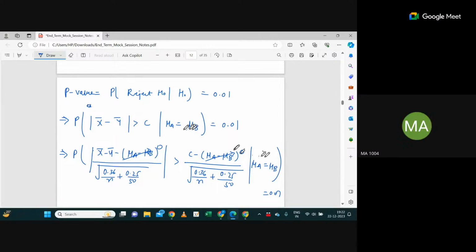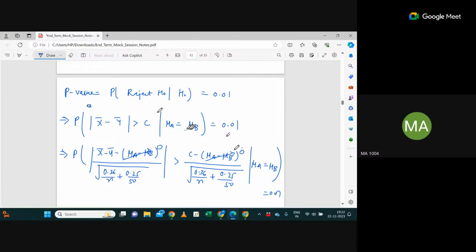You mean you are doing it outside of the mod, and then putting mu a minus mu b inside the mod? How is it coming inside the mod?